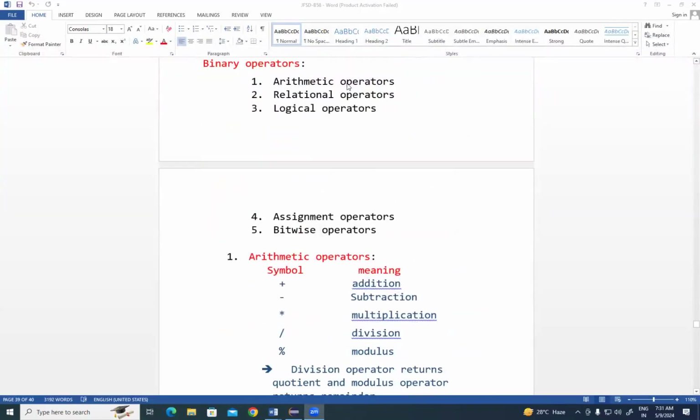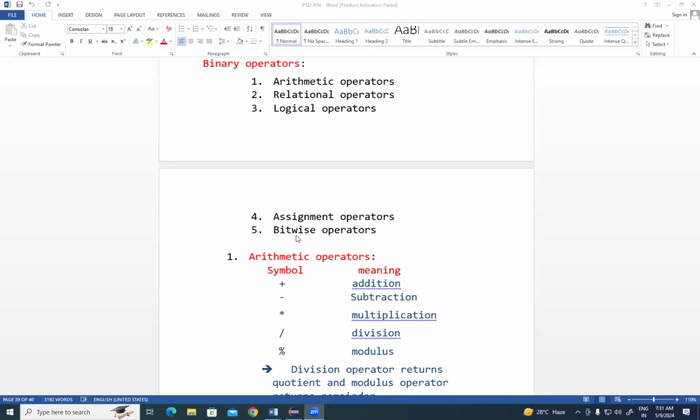What are all the 5 subtypes under the binary operators category? One is arithmetic operators. We discussed it already. Yesterday, we discussed relational operators. Next, logical operators. And also yesterday, I just told you about assignment operators. What is the last category of operators we have? Bitwise operators.